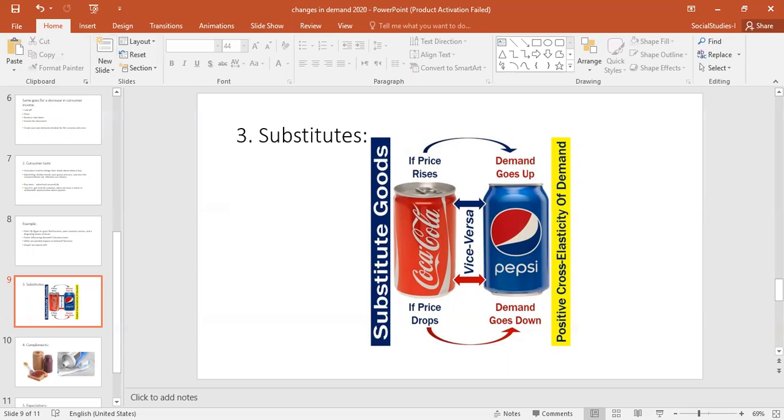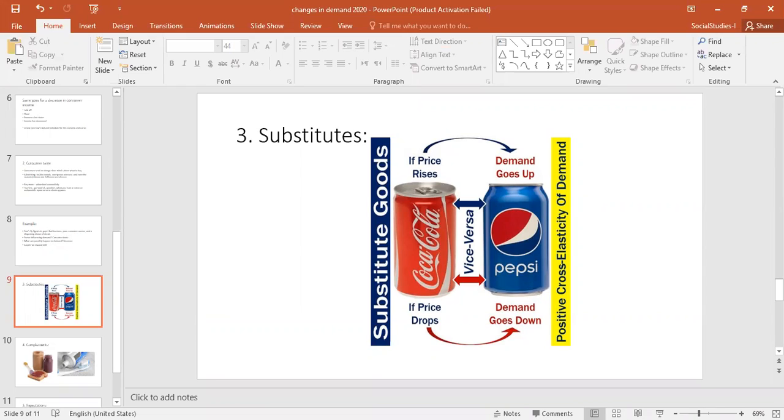McDonald's and Burger King. Coca-Cola and Pepsi. We can also have different brands of cigarettes, different flights or airlines, or different dairy milk, Cadbury or Nestle.